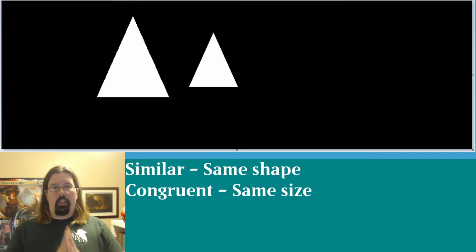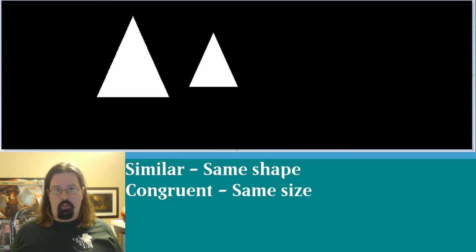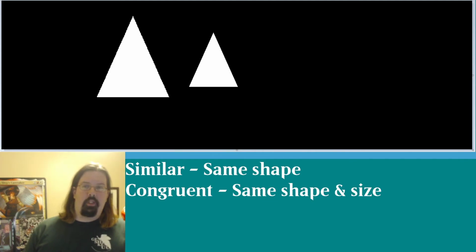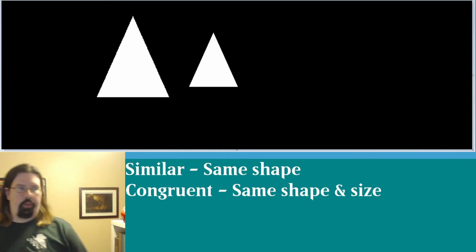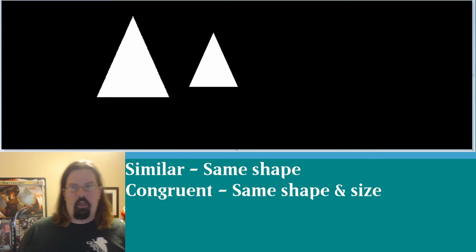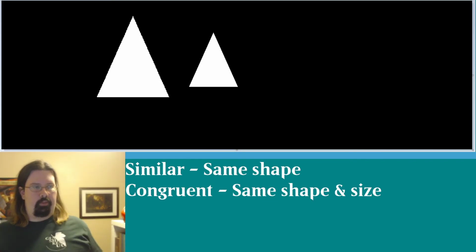So, for congruency, there's angle, side, side, side, all these nice things that we care about and we know and we love. Similar really only has like angle, side, angle, and a couple other things.